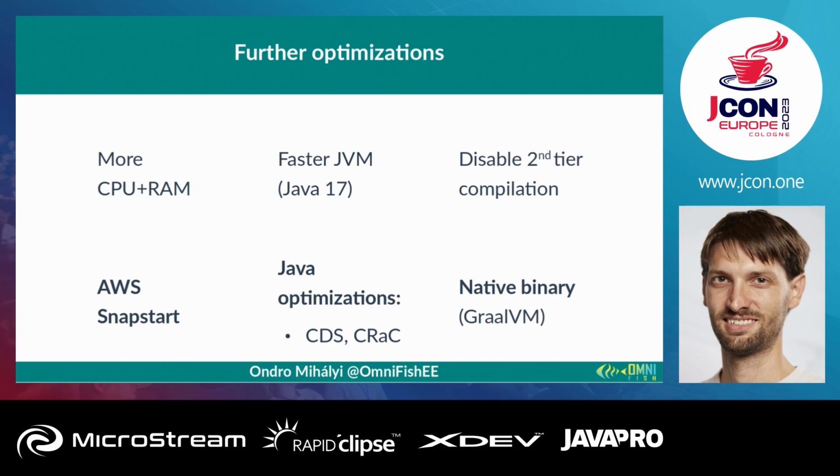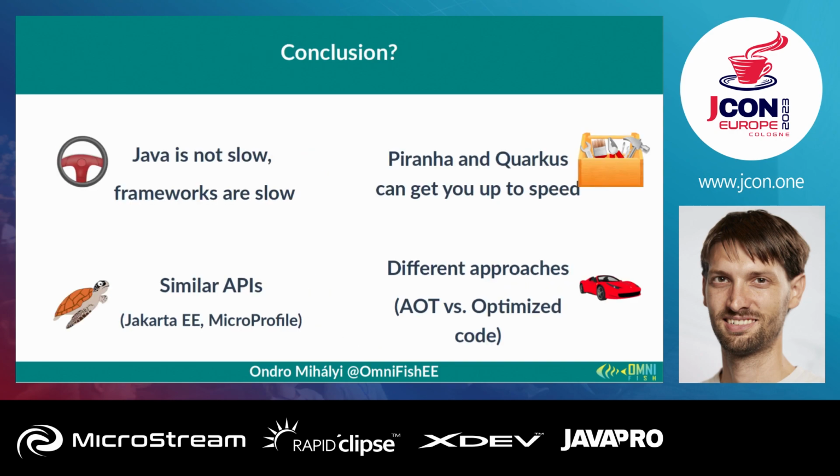Quarkus supports it natively, so if you use only plugins in Quarkus, it should work out of the box. But the downside is that with a native binary, there are other challenges that you don't have with JVM, so there is always a trade-off.